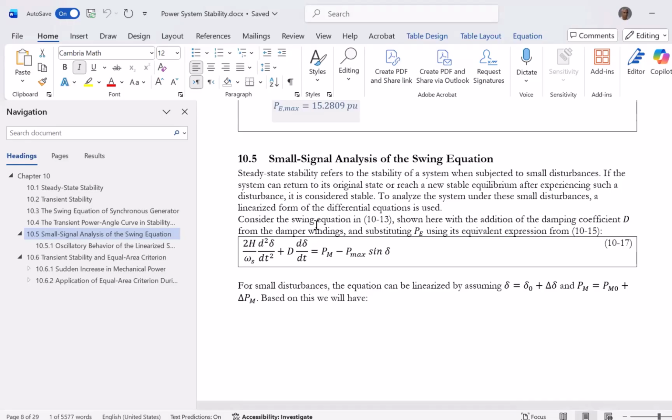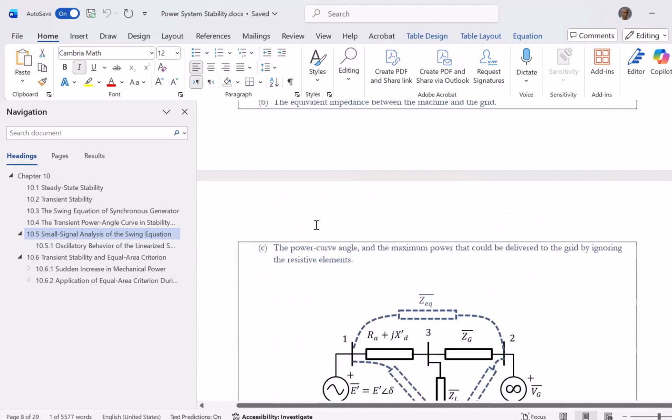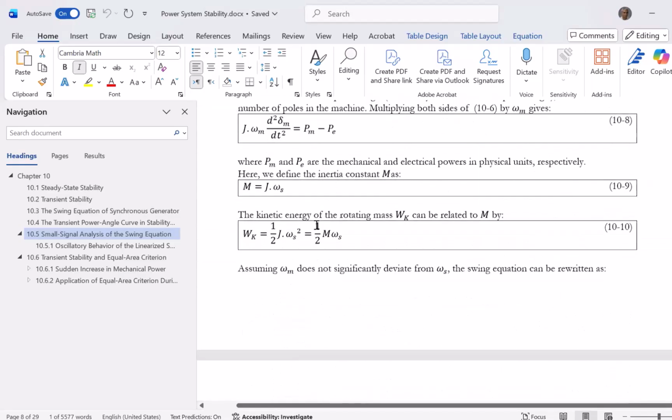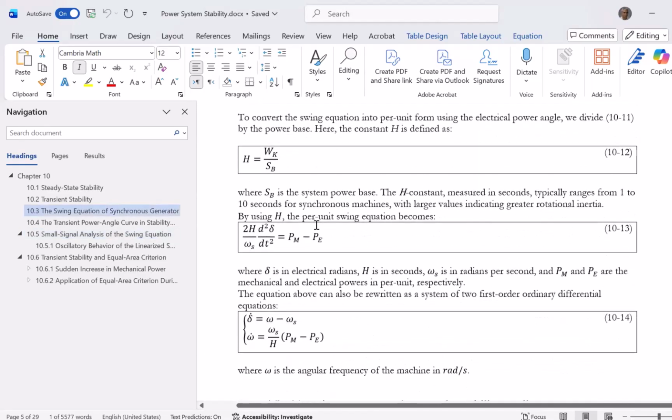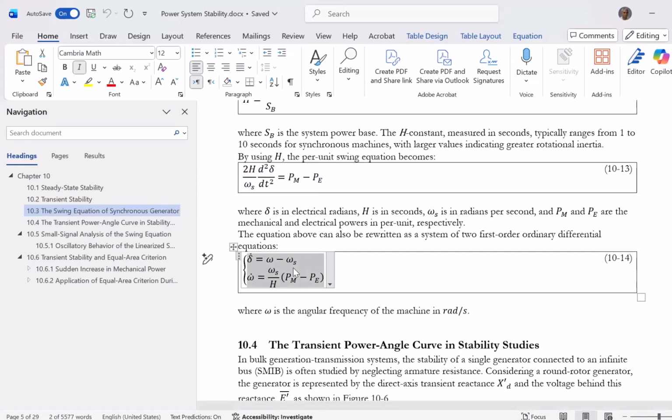The first, which is the small signal analysis of the swing equation, is started from the original swing equation that we had. And it was here. I said these two equations are important. One is the one equation second order. The other is two first order equations, right?